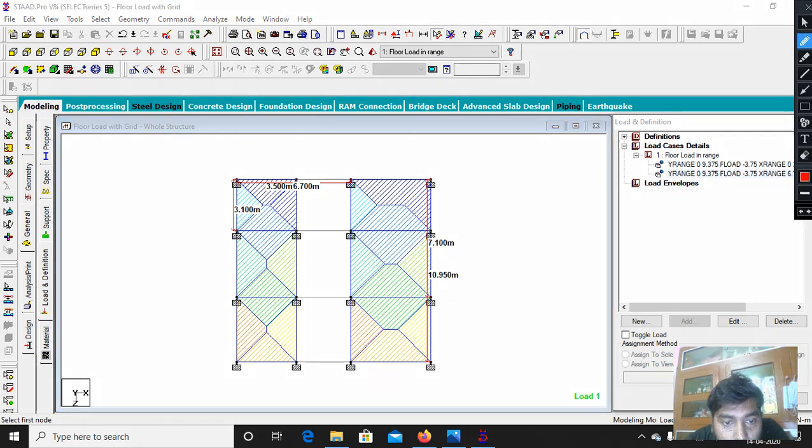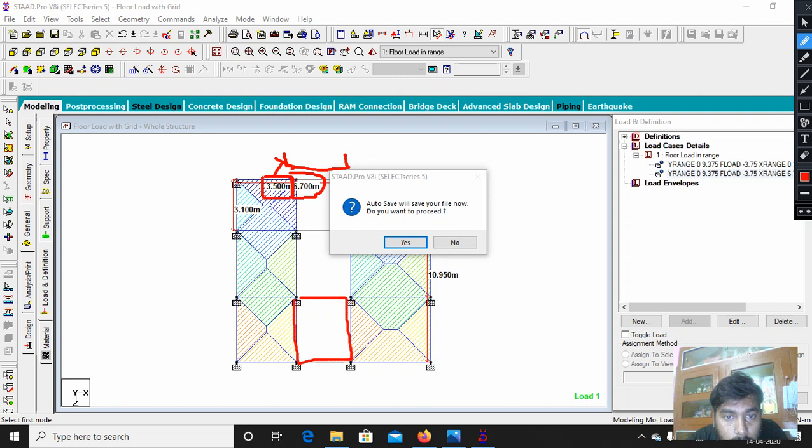From here to here for this panel, this is the x range. This is the maximum x range when we are getting the value of these 2 points. This is the x range and this is the y range.